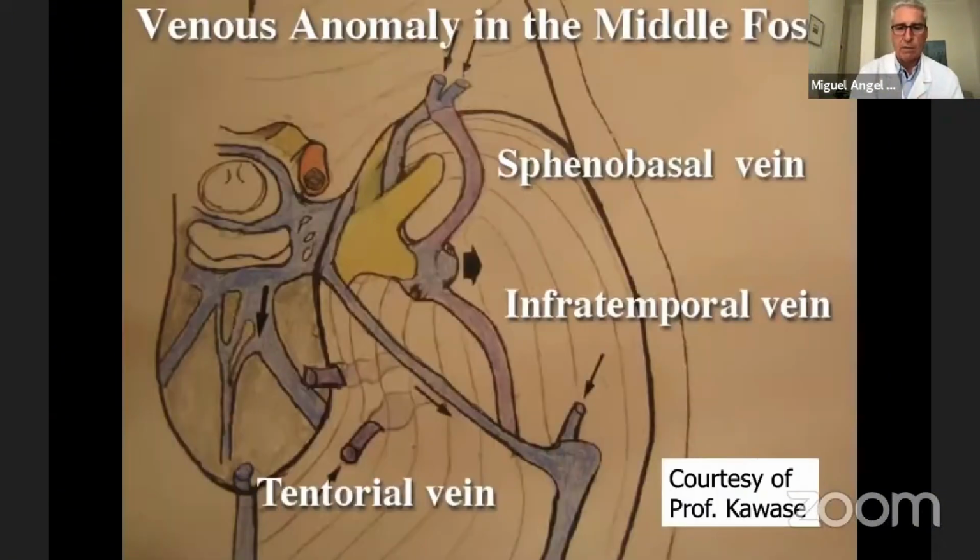But as Sebastian mentioned, we have to be very much afraid of the venous anatomy, quite variable at the temporal fossa. We can have very prominent sphenobasal veins and infratemporal veins very frequently going around the third division of the trigeminal nerve, making this extradural approach very troublesome due to the bleeding.